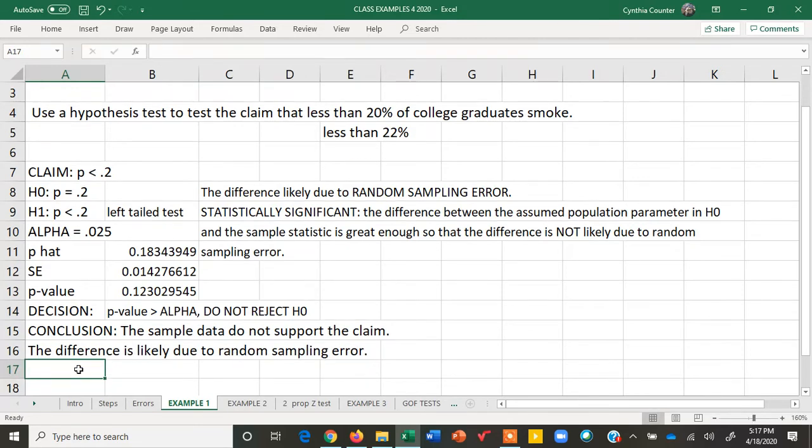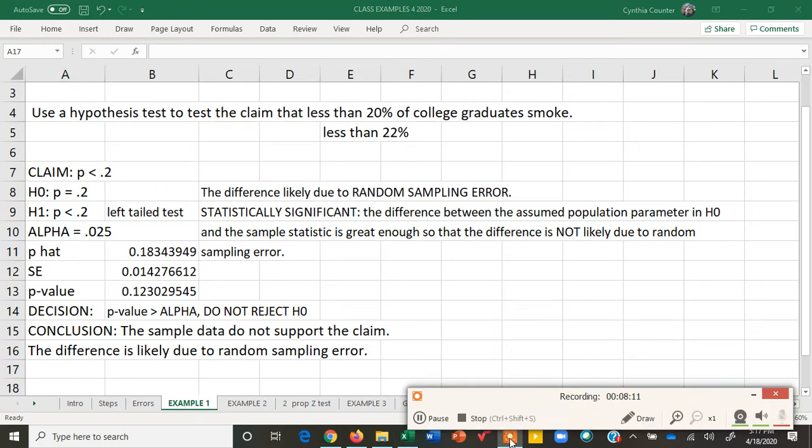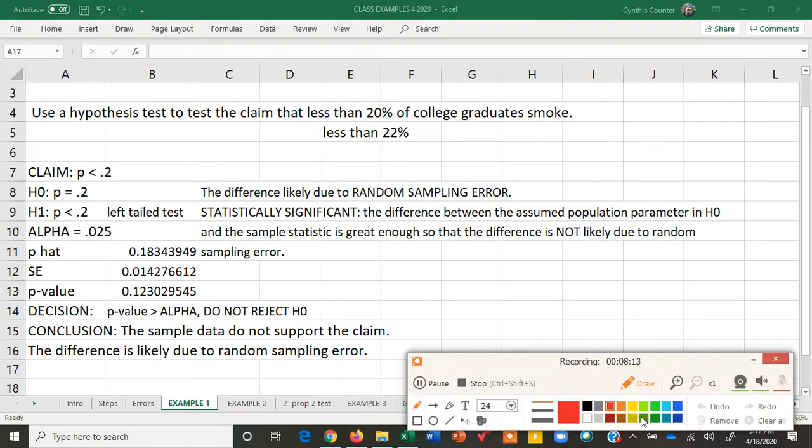Okay, now I want to draw a picture so that we can visualize what is happening here. The sampling distribution of proportions is normally distributed. So this is a distribution of sample proportions, so it's a sampling distribution.